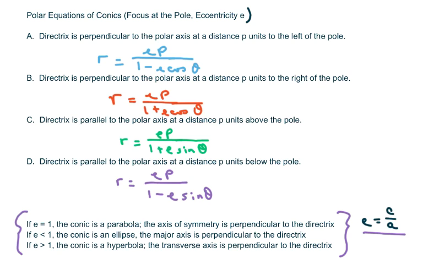The eccentricity, if E is 1, the conic is a parabola. And if E is less than 1, the conic is an ellipse. And if E is greater than 1, the conic is a hyperbola.